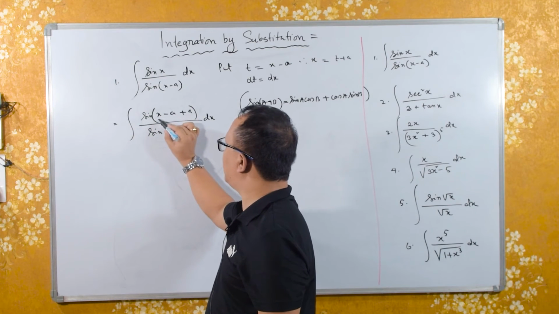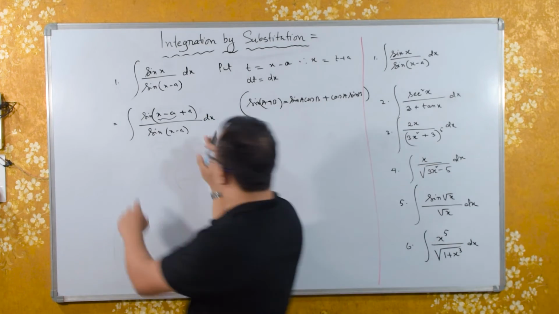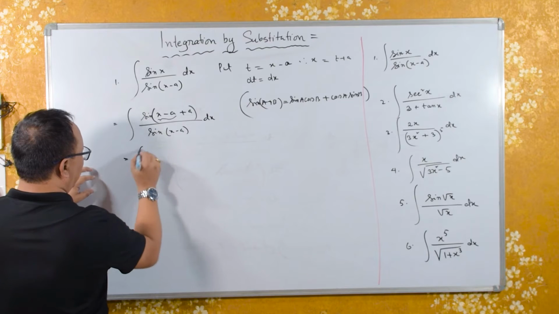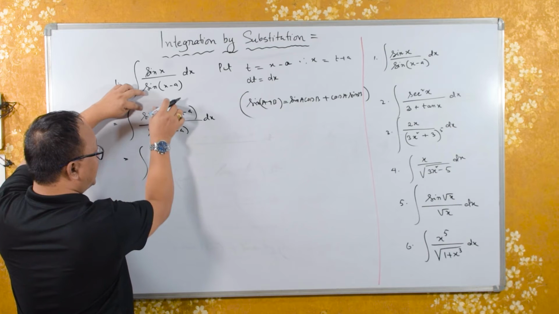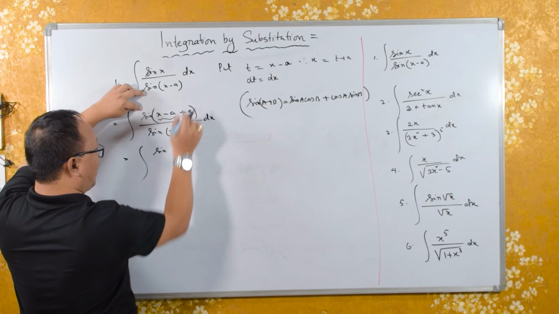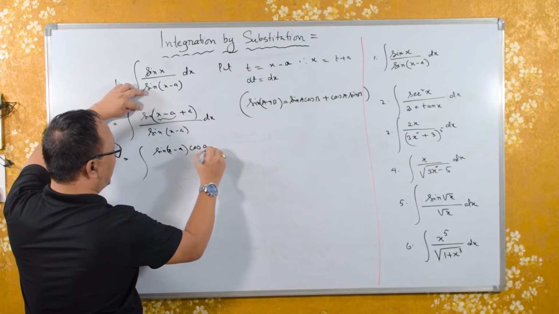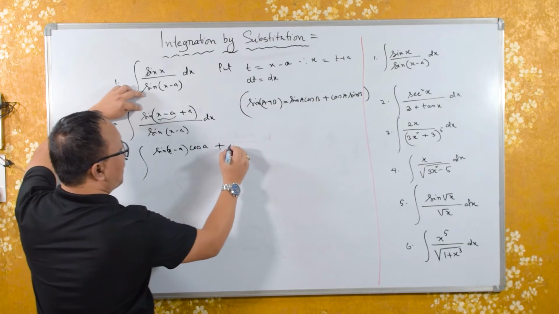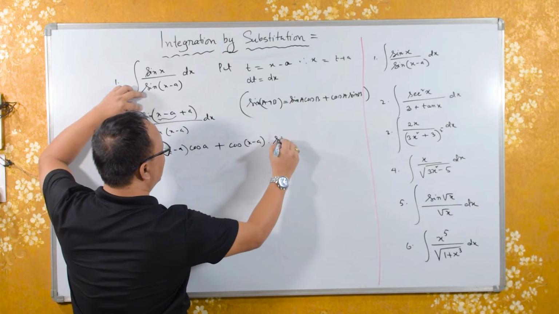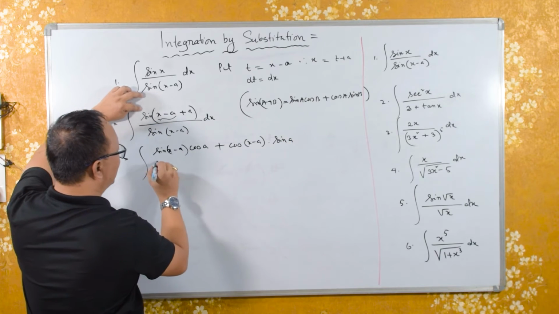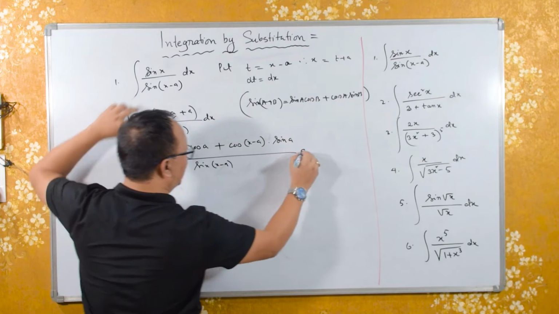Now let's consider this is a and this is b; it is of the form sine a plus b. Let's expand: integral of sine of a plus b is same as sine of x minus a into cos of a plus cos of x minus a into sine of a upon sine of x minus a dx.